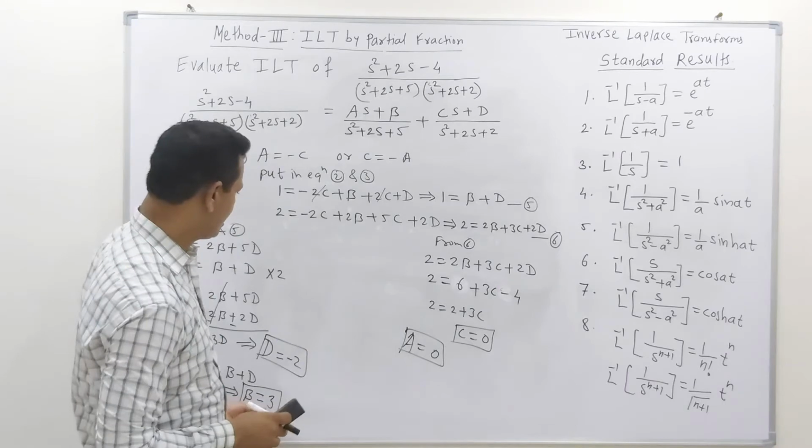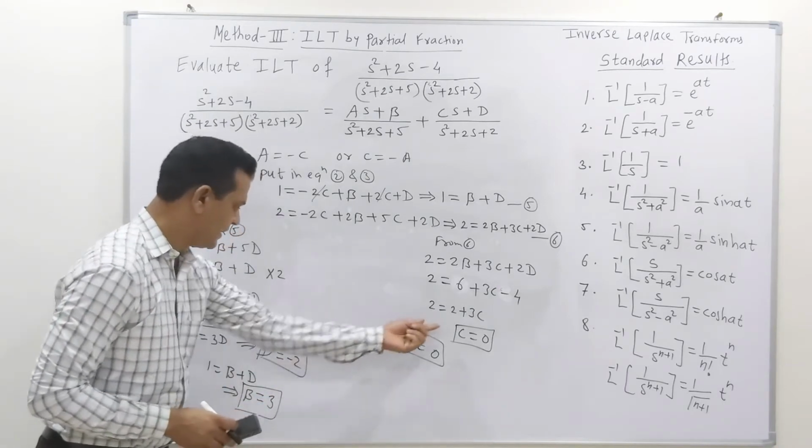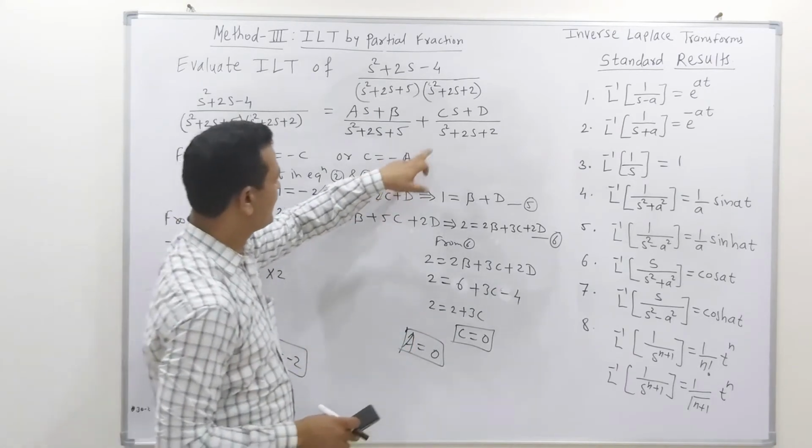Now put the values of constants A, B, C and D in equation number 1.